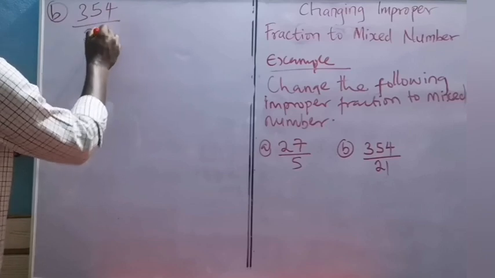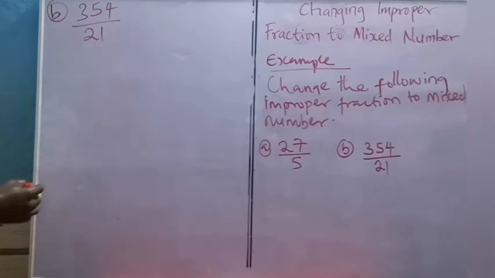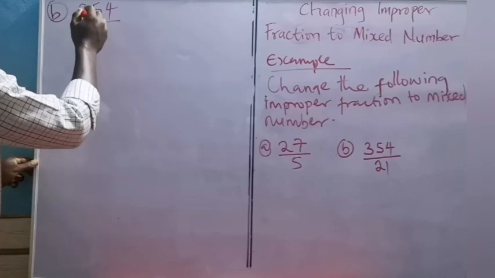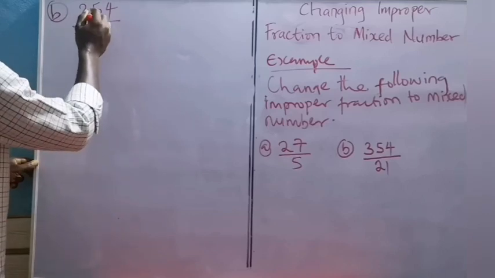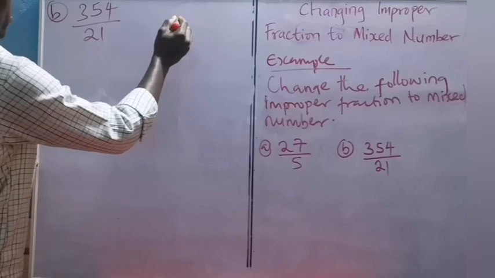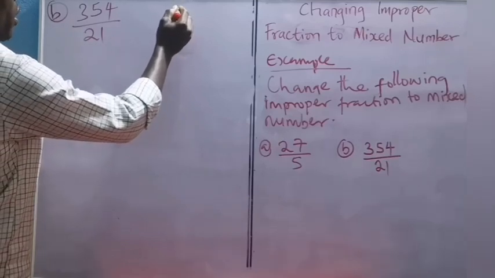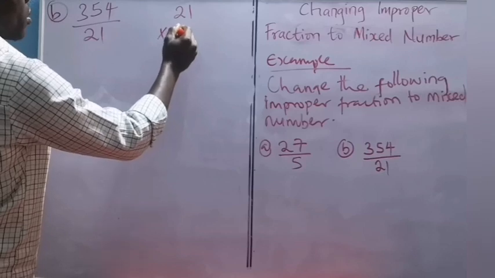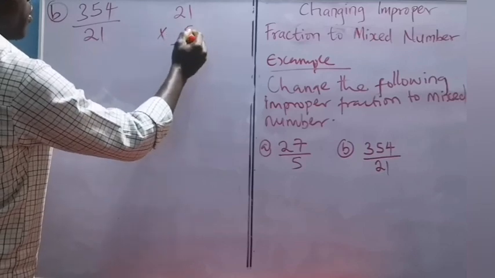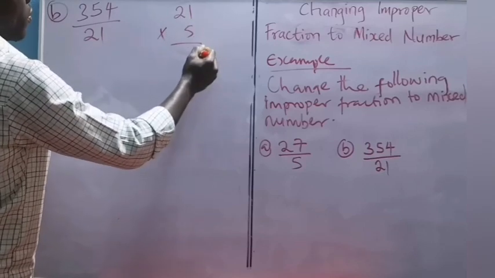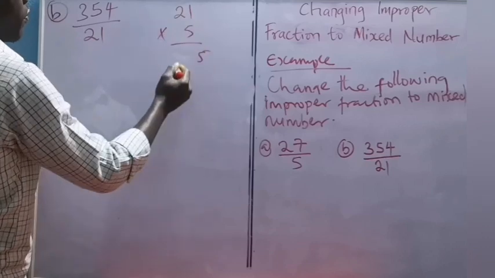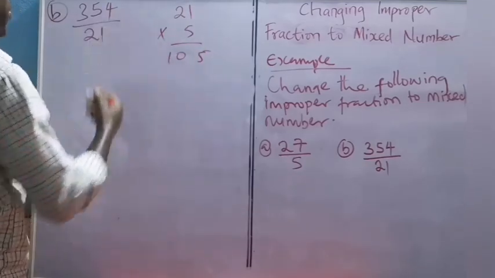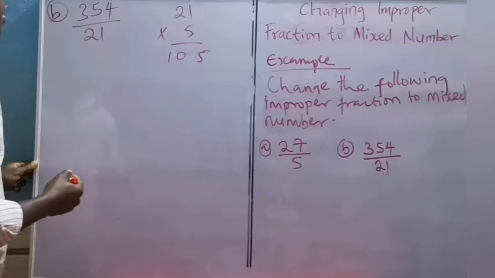So in this one, we are going to look for a multiple of 21 that is very close to 354. So let's look at the multiple of 21 that is very close to that. So 21 times 5 is 105, which is still small compared to 354.